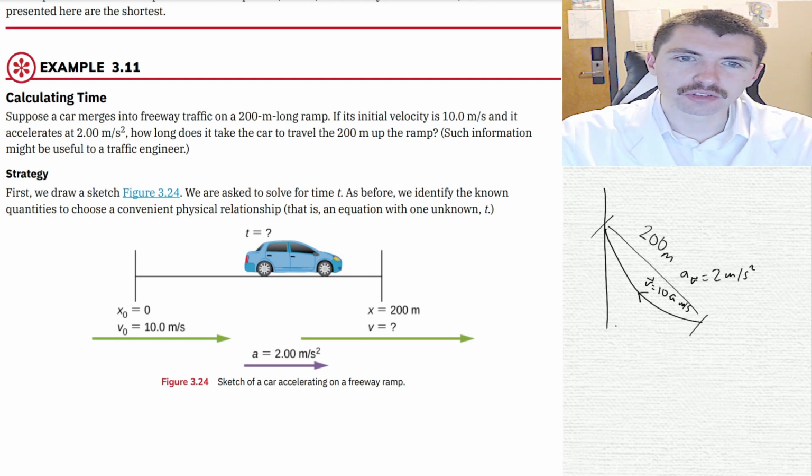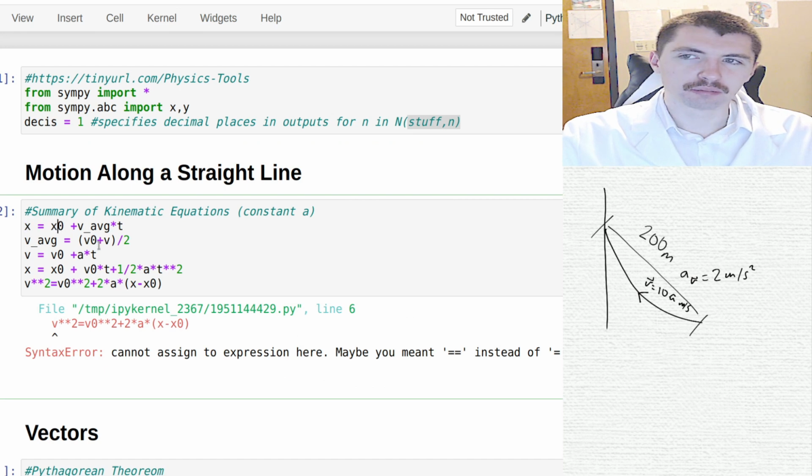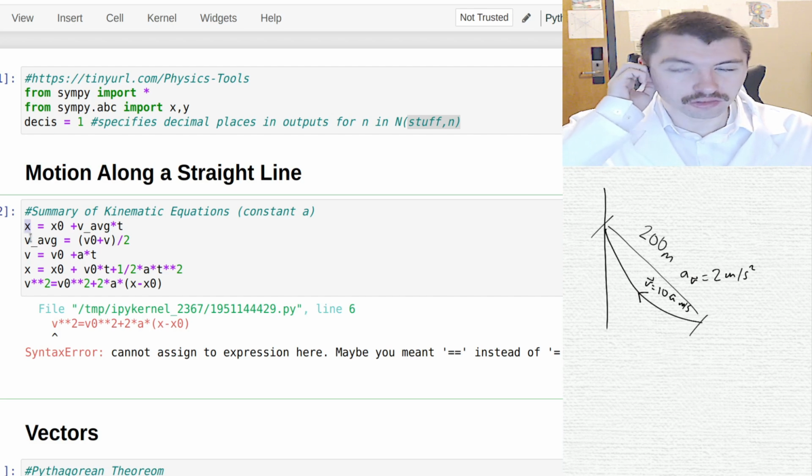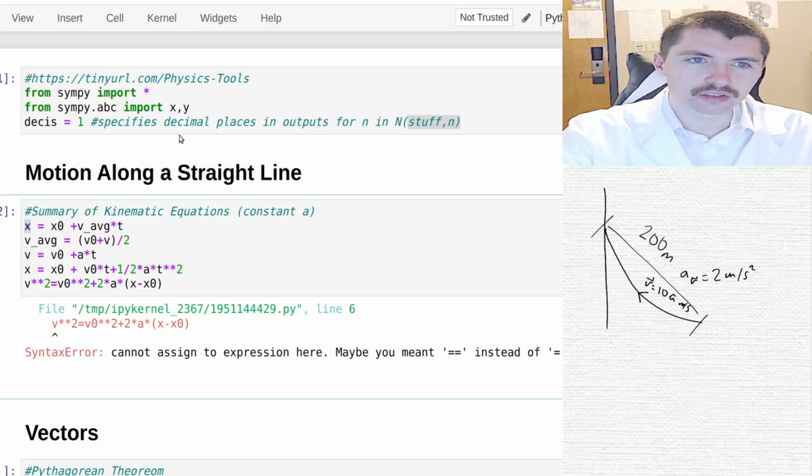Okay, so you want to know how far it travels. So I'm guessing we use one of the formulas. Which one might answer this? They're asking how long, so we're solving for t.